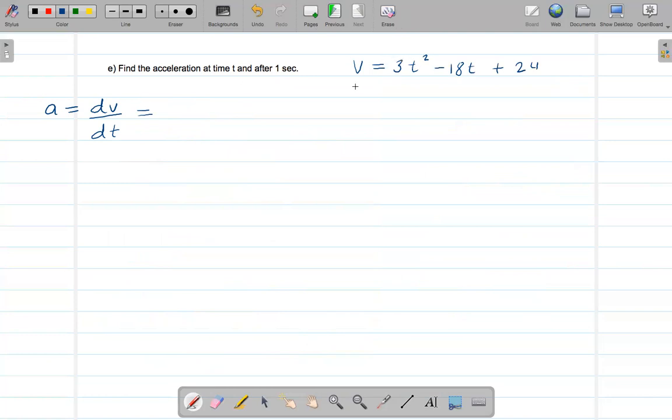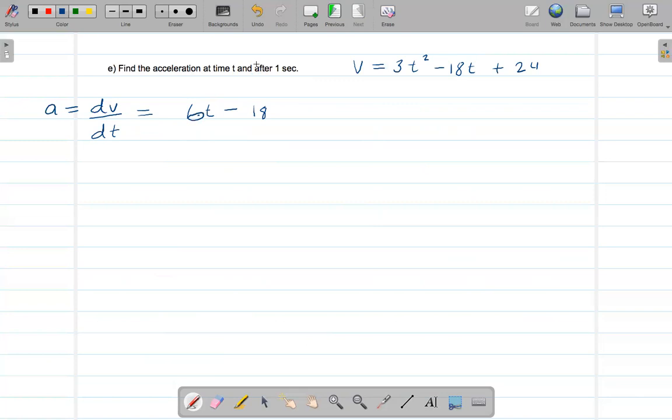Bring down the 2, so 3 times 2 times t to the power 2 minus 1, which is just t, minus 18t. The derivative of 18t is 18, and the derivative of a constant is 0. Three times 2 is 6, so a equals 6t minus 18.